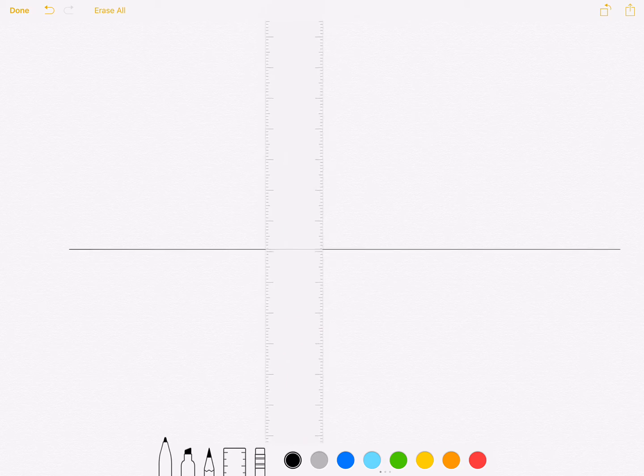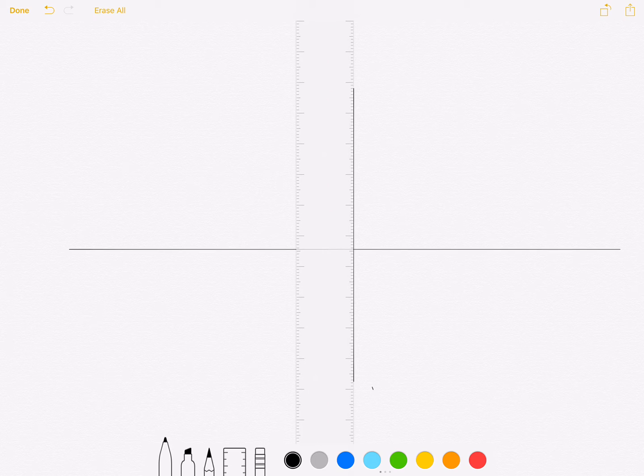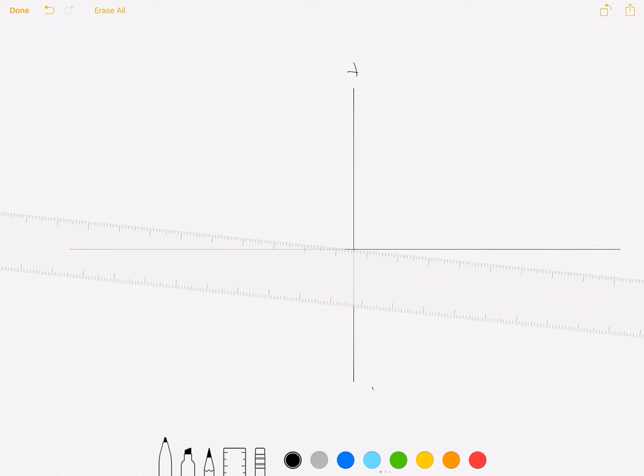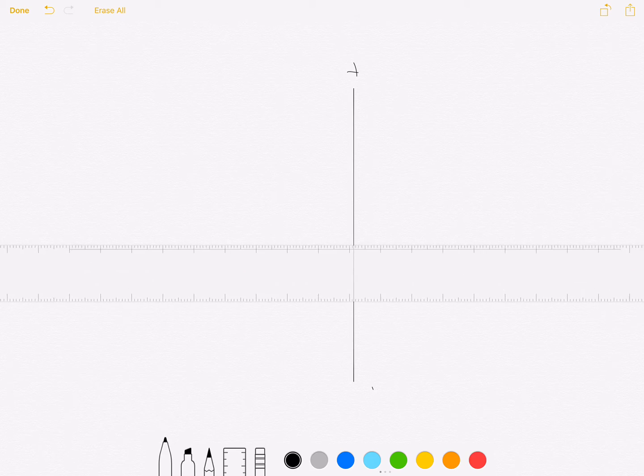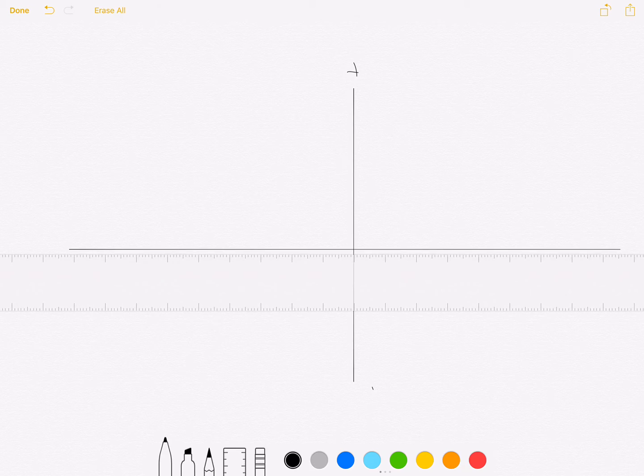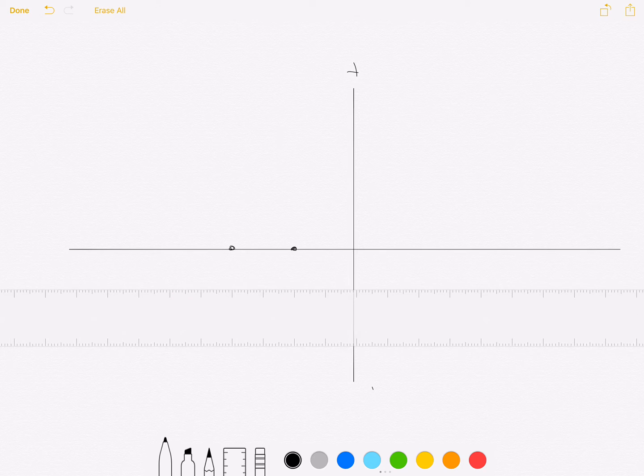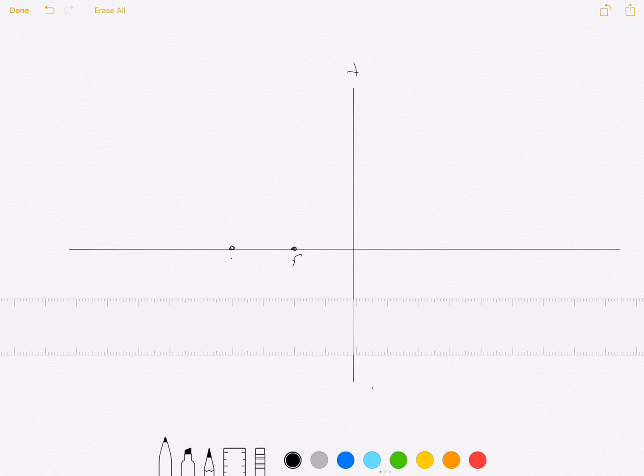So we have our principal axis, we have our concave mirror, and for a third and final time, we're going to draw our focal point at 2 and our center of curvature at 4. So there's our focal point, there's our center of curvature.